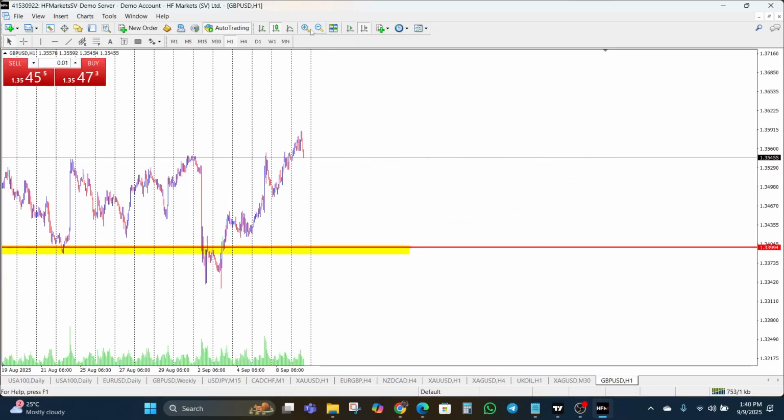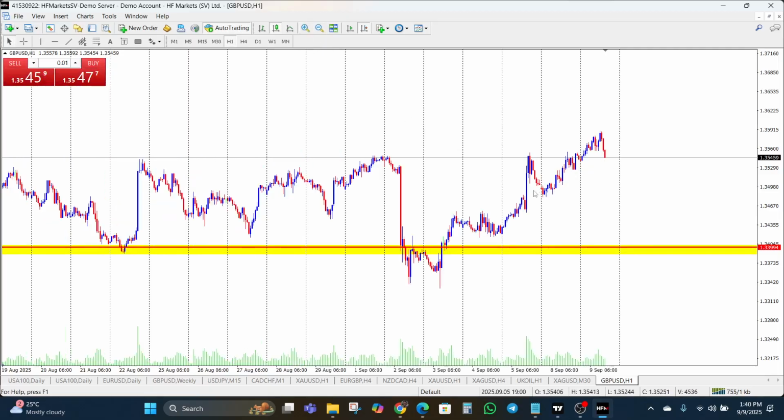Now, on MT4, you can identify BOS by marking swing highs and lows. For example, you can see that we actually had a swing high here, we had a swing high here. You can see this zone. We had a swing low here.